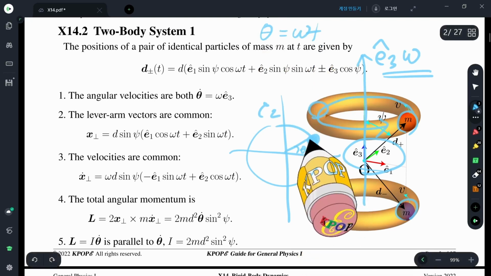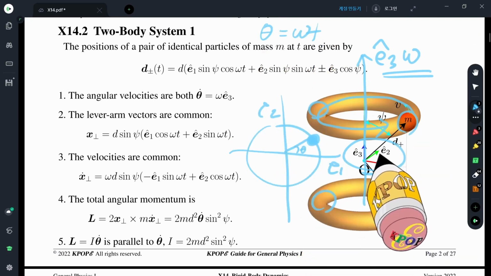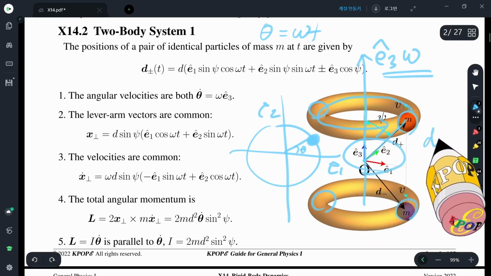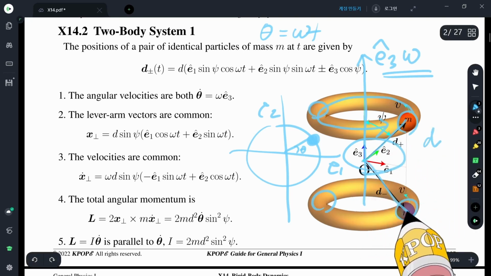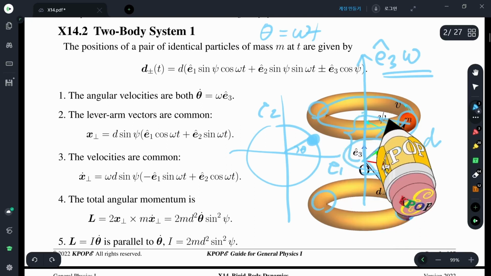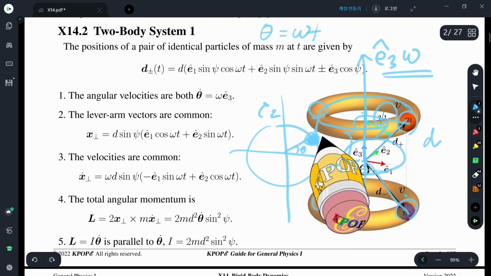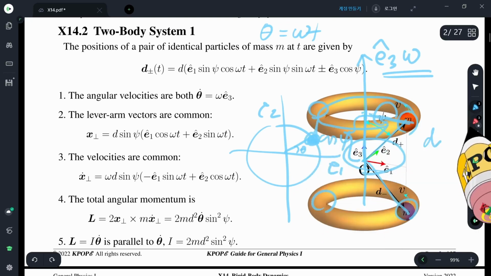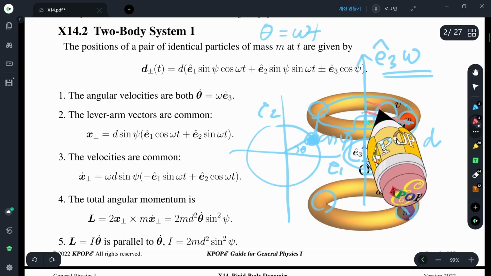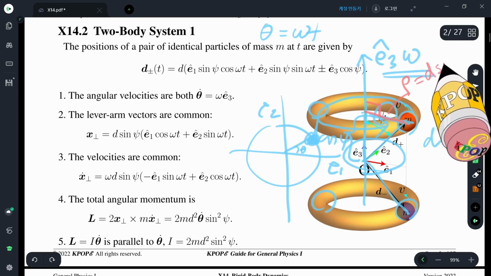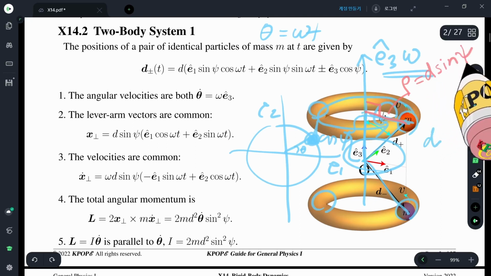Therefore, because the distance from the center is d, the projection along the z direction is d cosine psi, because this angle is psi, and the lever arm, the planar radius rho, is d sine psi.